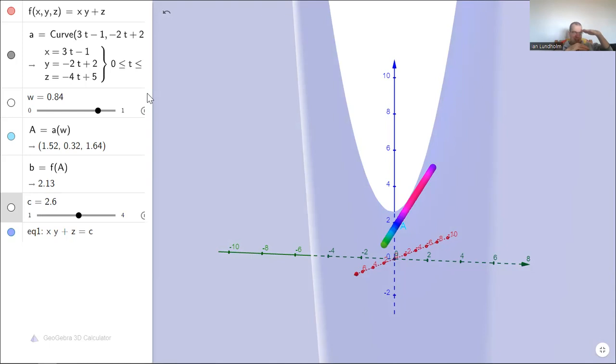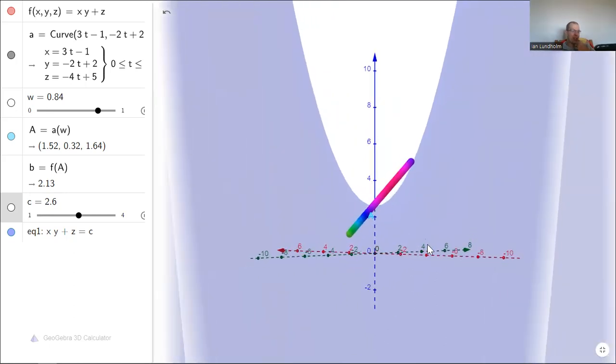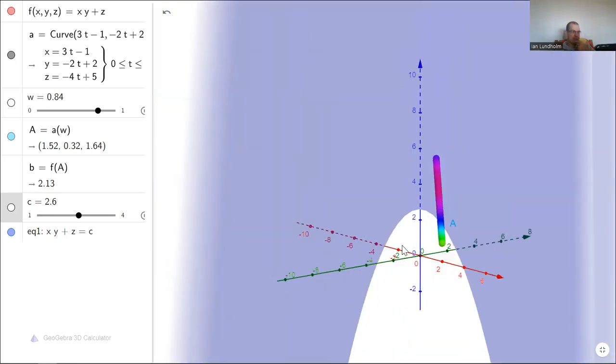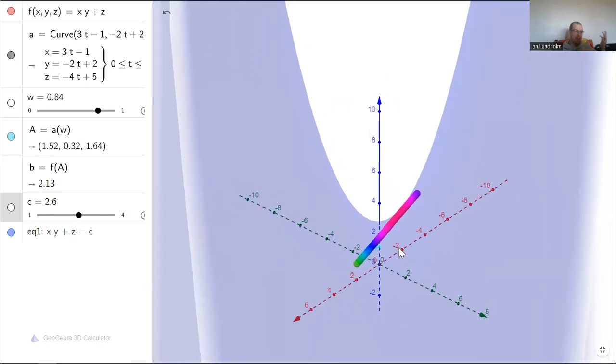You would color the entire stack with different colors. Anyways, this one's purplish, so it should be intersecting this curve at a purple point and a purple point up here. Anyways, this is what's going on behind the scenes.